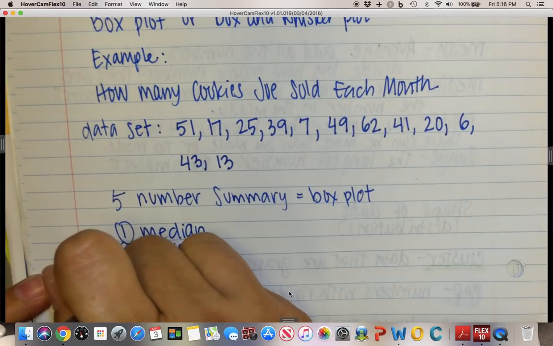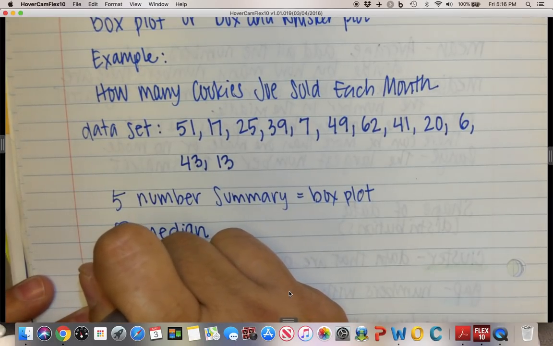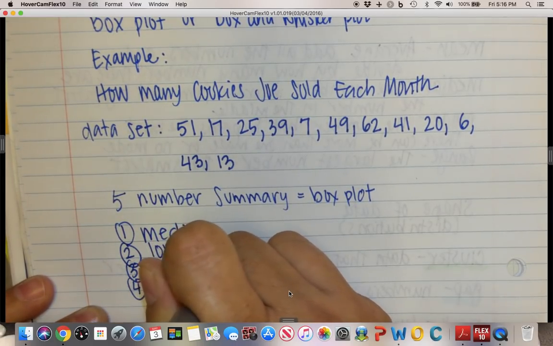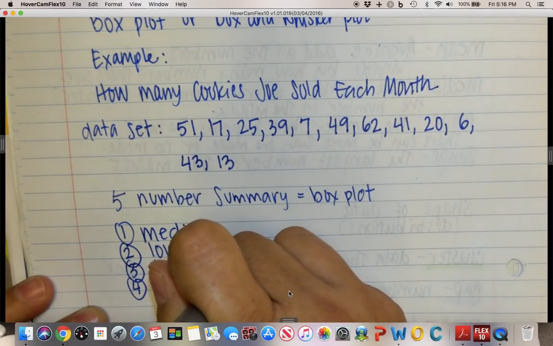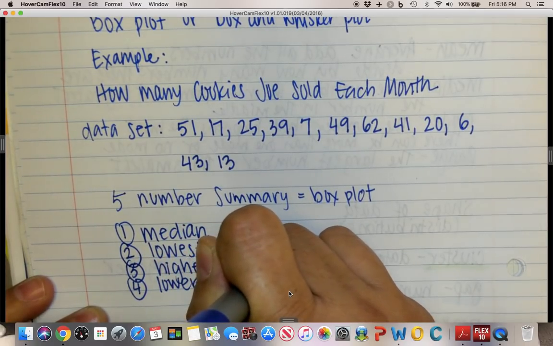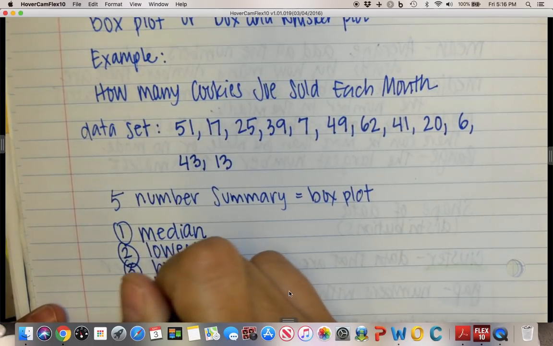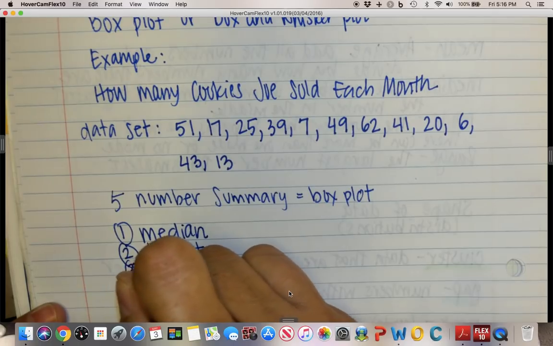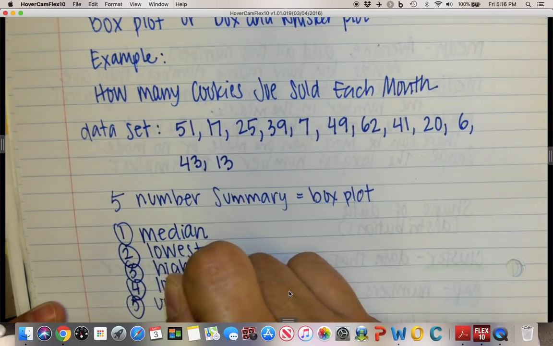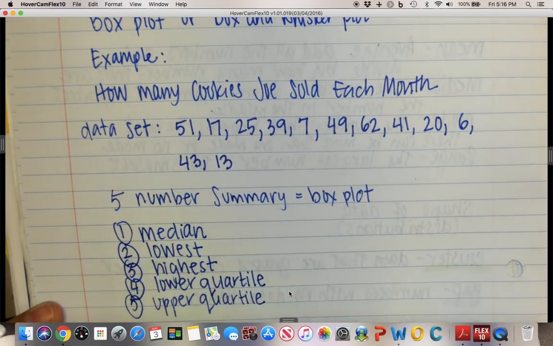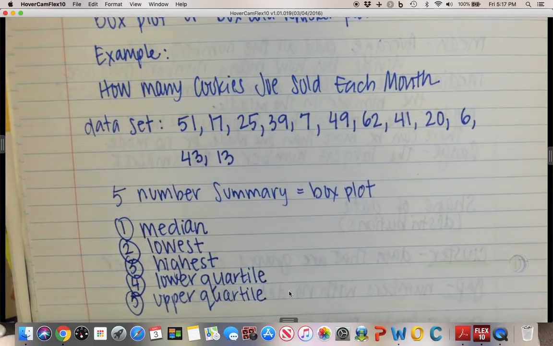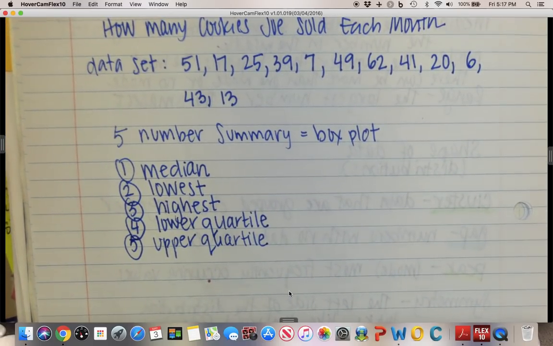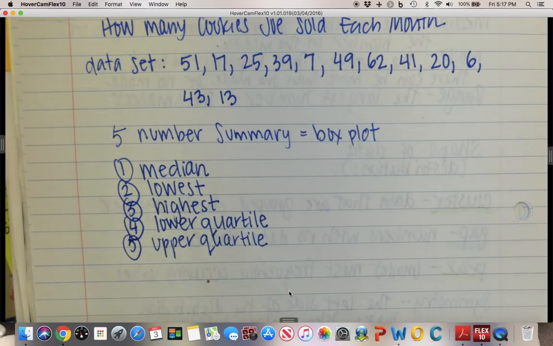The fourth thing we do is find the lower quartile. Then we find the upper quartile. And that is our 5-number summary. And I'm going to explain to you what each of those mean.